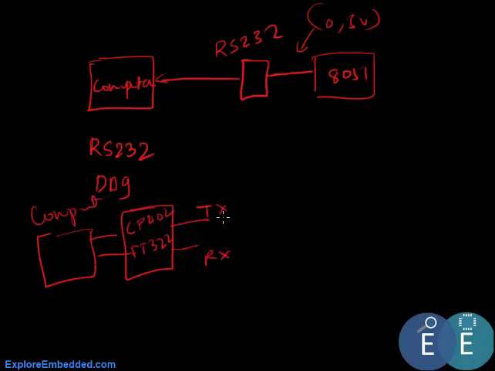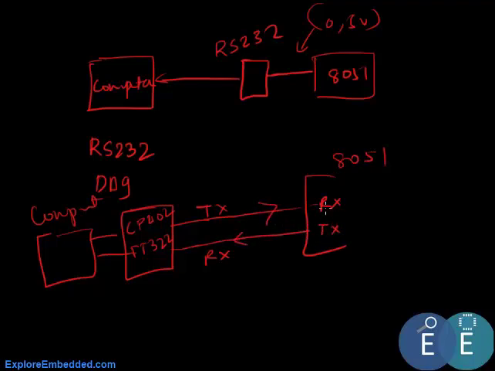The transmit of this is connected to the receive pin of the 8051, and receive of this is connected to the transmitter of the 8051, and there is a common ground line in between. So these are 2 ways in which you can connect it to a computer and then transmit and receive strings.